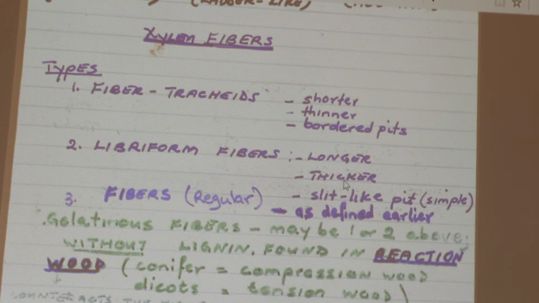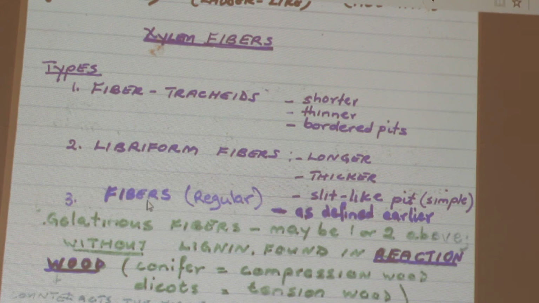Those that are thicker with slit-like pits are libriform fibers. Regular fibers will be any combination of these. So if you don't know if it is a fiber tracheid or a libriform fiber, just call it a fiber. That way you are fine.